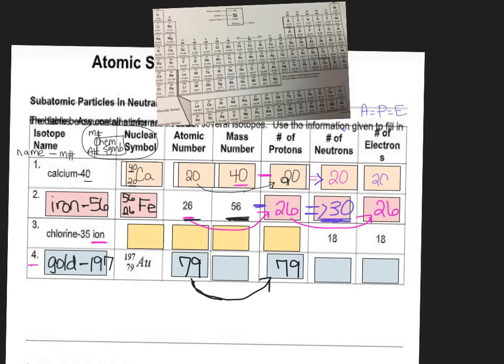So we have 79. Now we're going to figure out our mass number. That was already given to you right here, the 197. So we will put 197 in this box. I'm going to use my mass number and number of protons to figure out my neutrons. So mass number minus protons gives me my number of neutrons, which is 118.